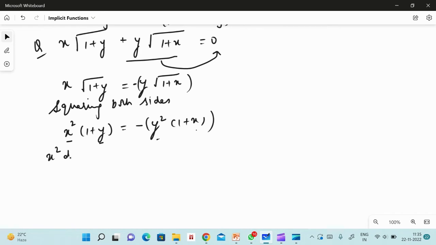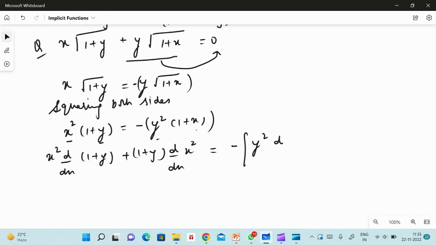I will get x square into the derivative of 1 plus y with respect to x, plus 1 plus y into the derivative of x square, is equal to, I will take minus here, y square into the derivative of 1 plus x, plus 1 plus x into the derivative of y square with respect to x.